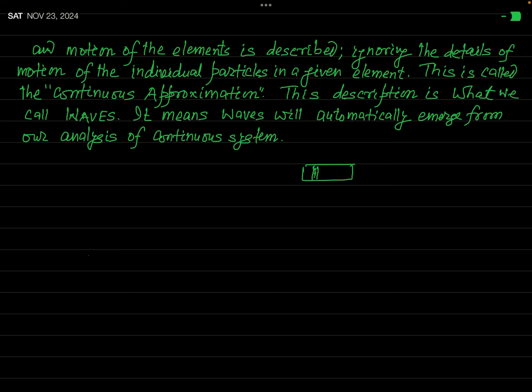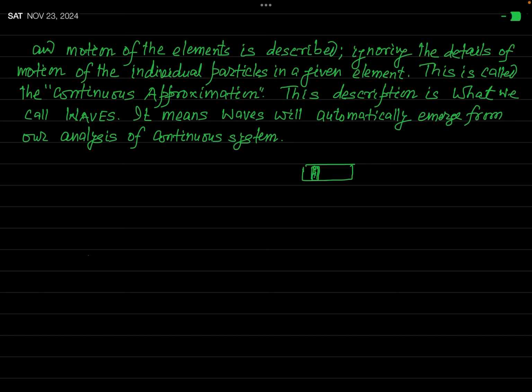We can divide the system into infinitesimally small cubes, or elements, and describe the motion of the elements, ignoring the details of the motion of individual particles in the given element. There is no need to consider the motion of the particles in this element. You have to consider the motion of this element.